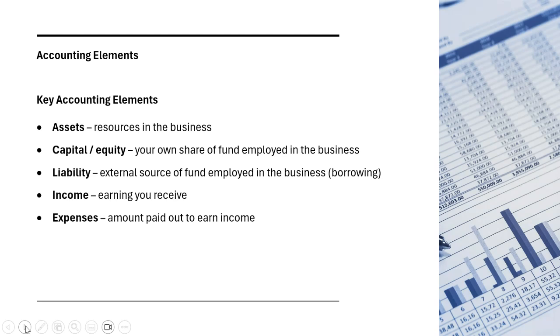Expenses are basically the amounts or the bills we need to pay in order to run the business, in order to generate the income. So I will repeat again. There are five types of key accounting elements: assets, capital or equity, liability, income, and expenses.